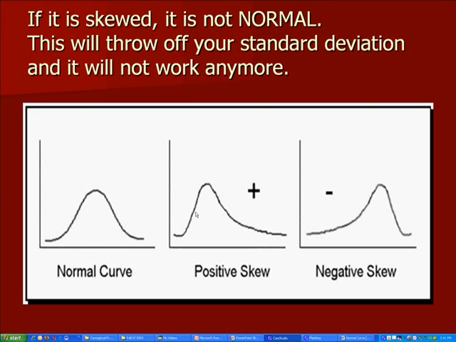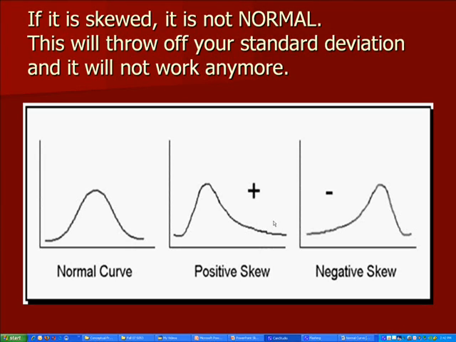Now, one of the things that will happen when you get a set of data is sometimes your distribution won't be normal, and it will throw off what is called a standard deviation. In other words, you can't calculate a standard deviation anymore because you have to have a mean and a normal distribution.